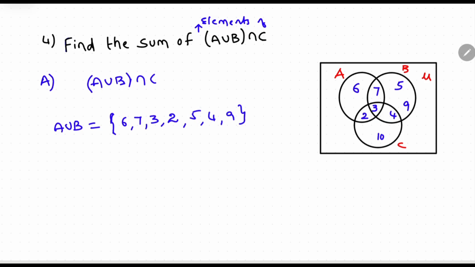Okay. So we got A union B: 1, 2, 3, 4, 5, 6, 7.